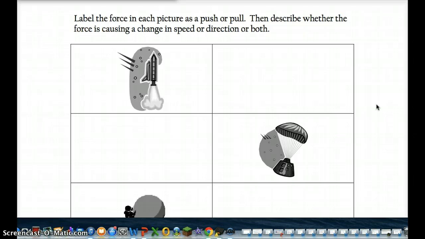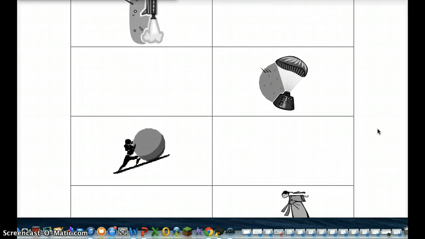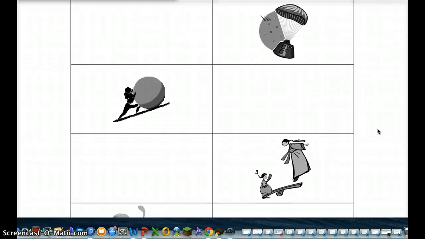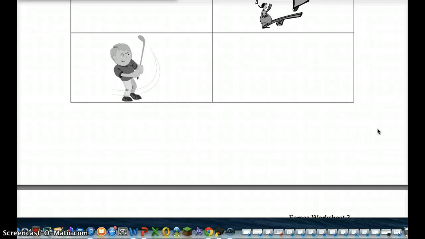So it is going to be both, because it's changing the speed and direction. Okay? You're going to explain those two things, identify both things with this parachute, the person in the rock, the seesaw, and the boy playing golf. I recommend you stop the video so that you can do this.